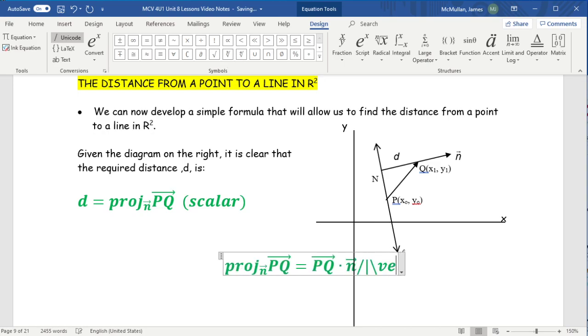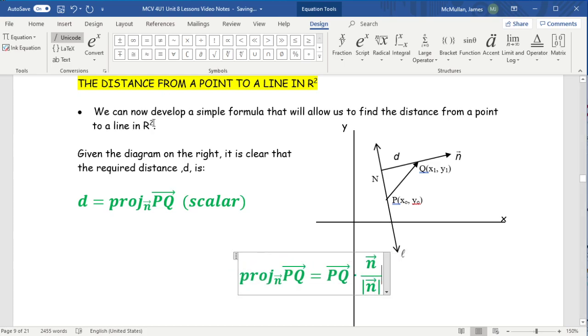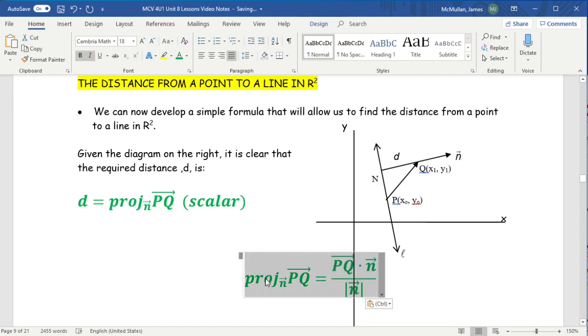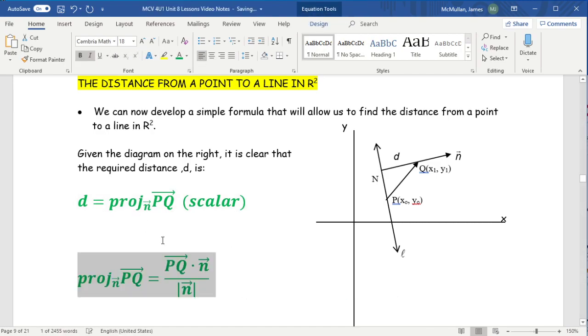And then you divide by the magnitude of N. Okay, and my never-ending battle with the formatting of this program. There we go. Okay, so this is what we need.